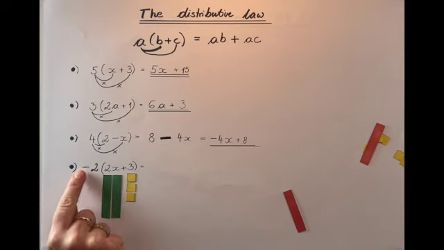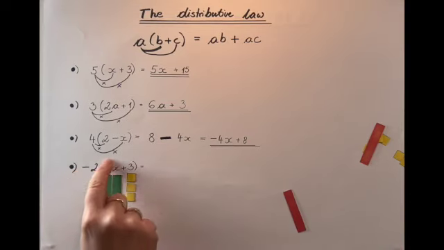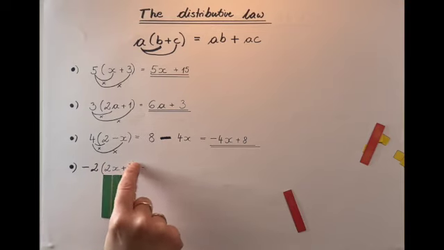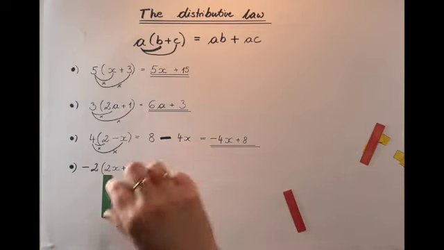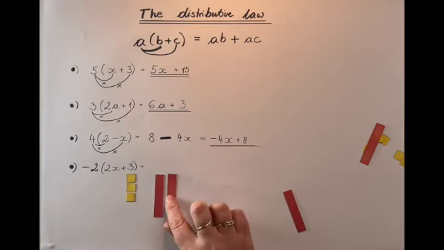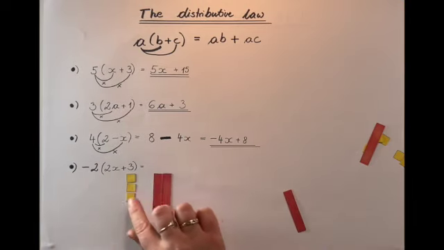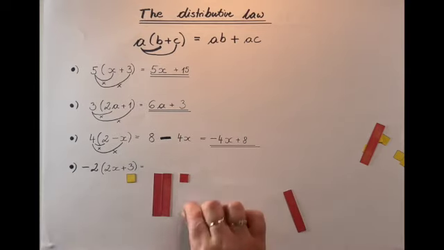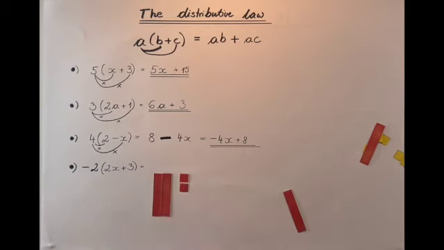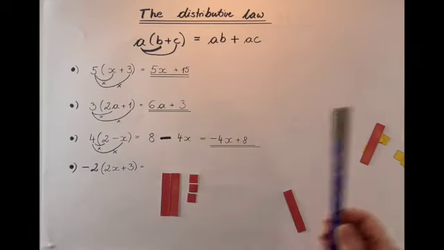So that negative here means when we apply it to that bracket, that we will have to turn all of our terms within that bracket over to the other side. We need to flip them. So what have we got then?